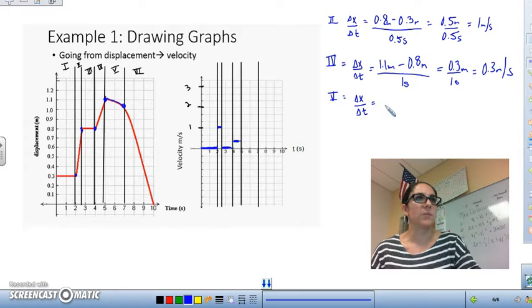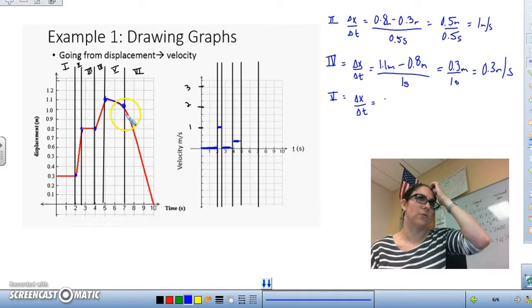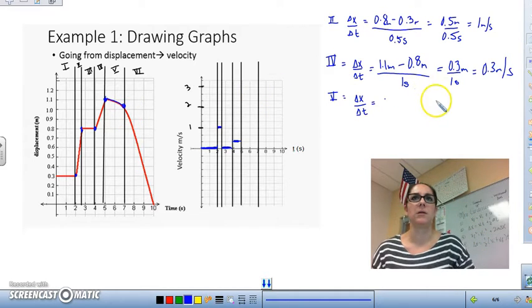So when we find the slope, it goes from 1.1 to about, I don't know, 0.05. Again, I'm estimating. So our final position is 0.05. Our initial position is 1.1. And this takes place over 2 seconds. I got 2 because 7 minus 5, this duration, is 2 seconds.